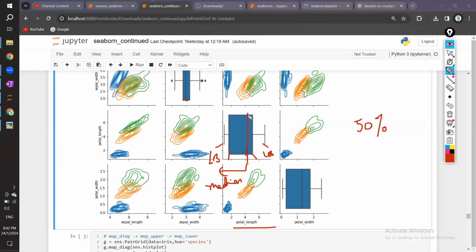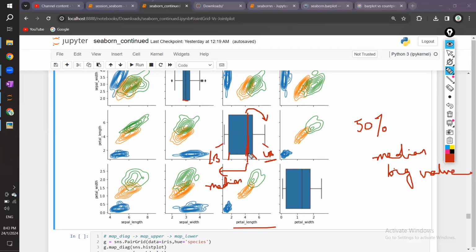But here the median is inclined towards the upper boundary. That means the value of the median is a little big value. That's what we can understand from this.